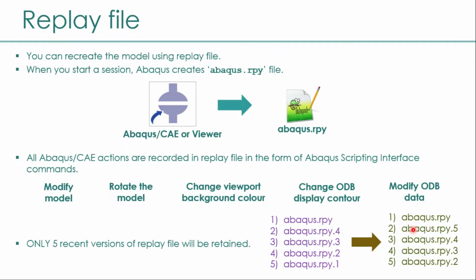You can see the new abaqus.rpy file is created. This file will be renamed as abaqus.rpy.5, and you can see the rpy.1 file is not available now. It has been deleted by Abaqus.